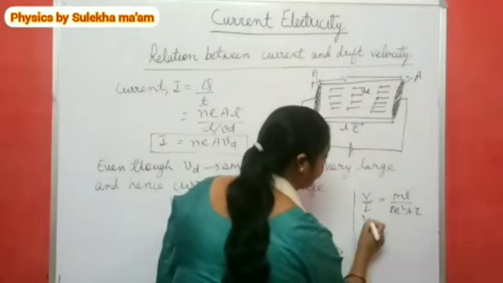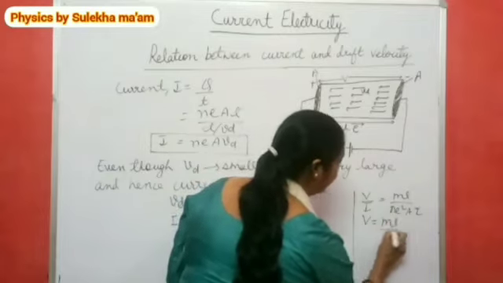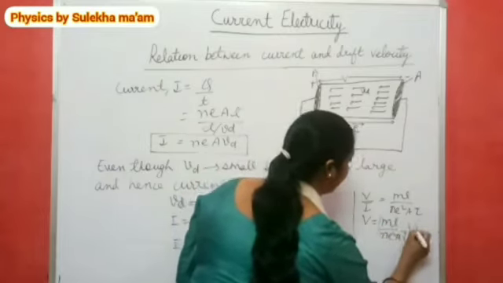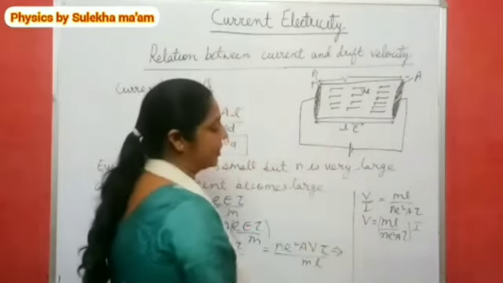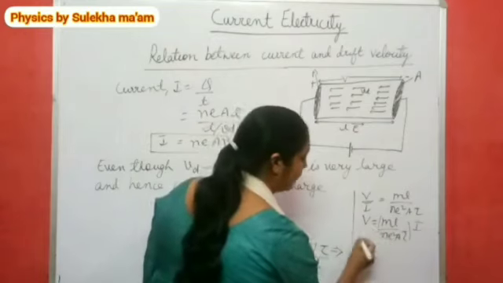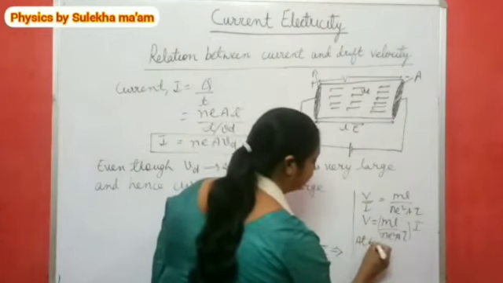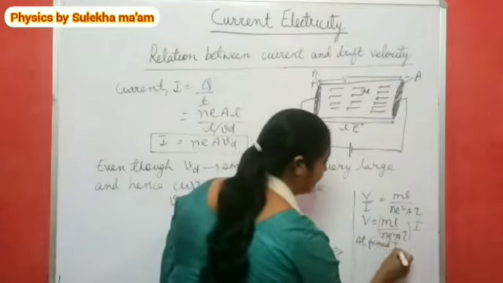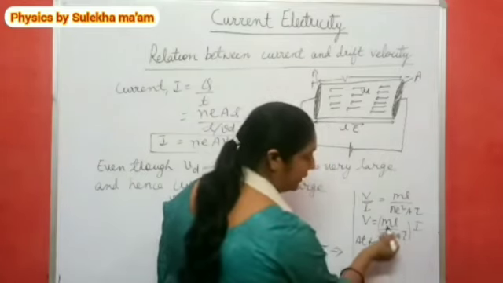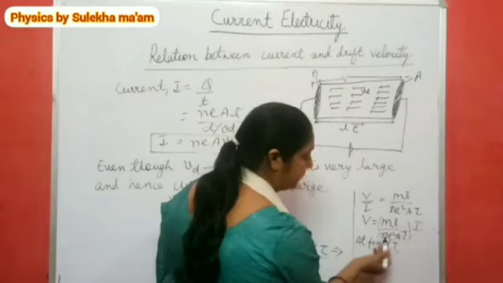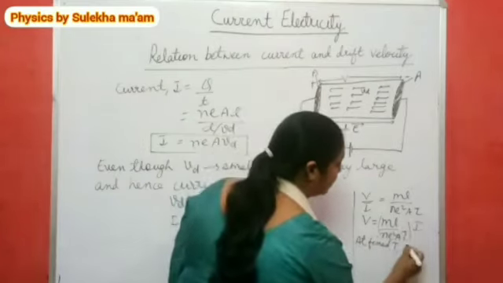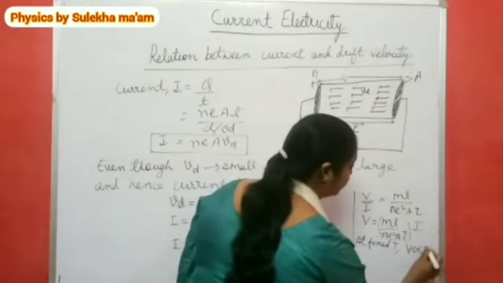So you can write V equal to ML by NE square A tau times I. At fixed temperature T, you know that these quantities are constant: mass of the electron, length of the conductor, number density, charge of electron, all these are fixed. So V is proportional to I.